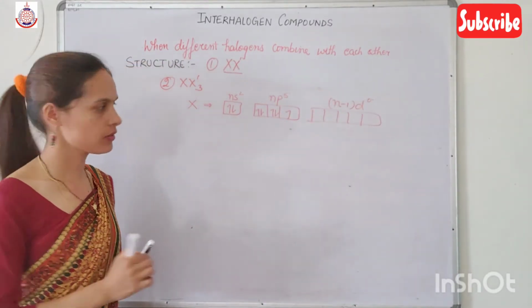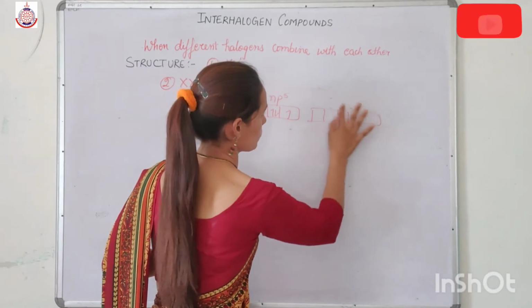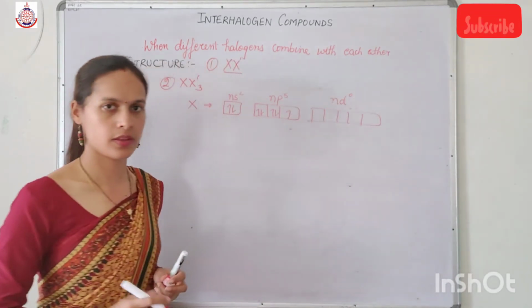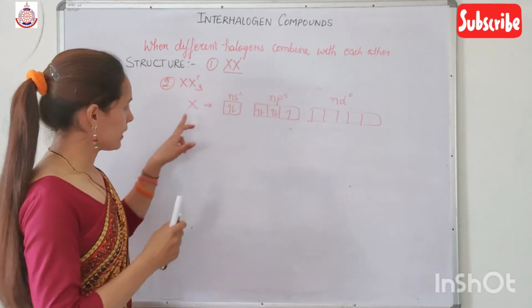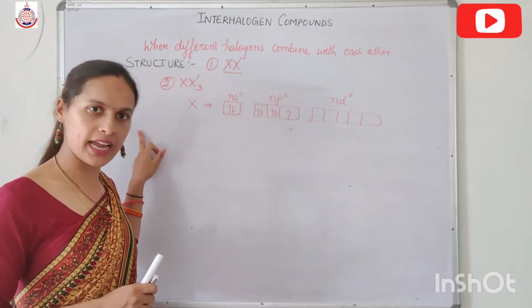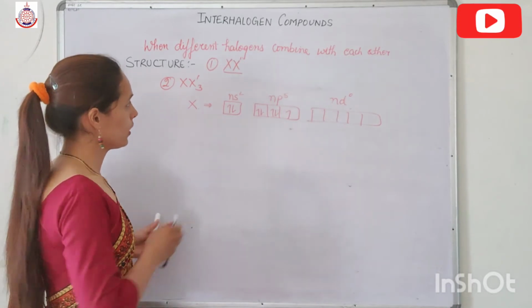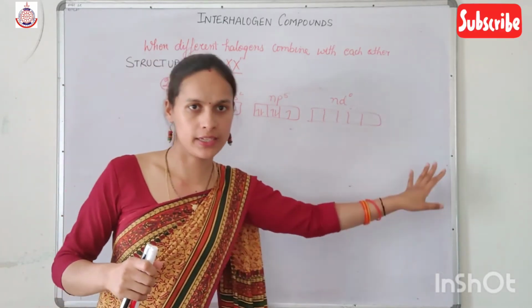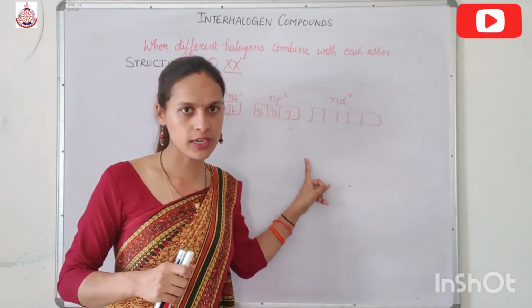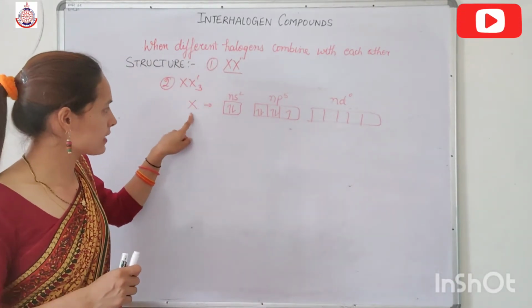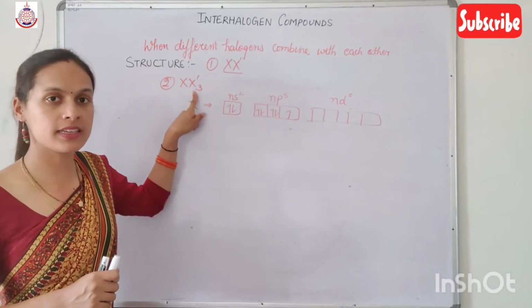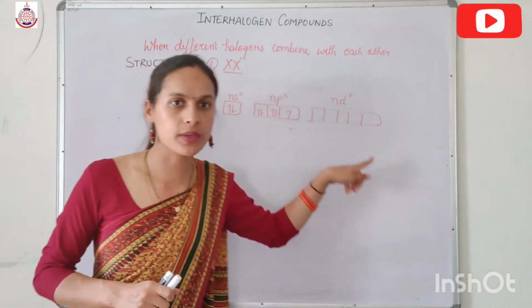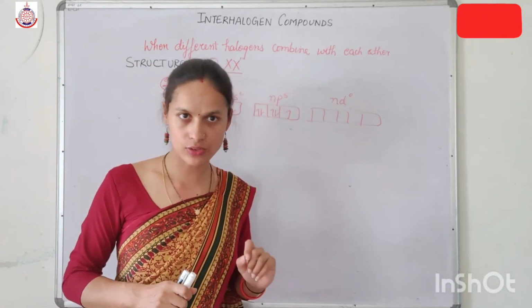This is the configuration. Clear? Any chlorine, bromine and iodine. Now it requires 3 orbitals having 1 electron, because this X is approached by the 3 different halogens. So this X requires 3 orbitals which have singly filled electrons.